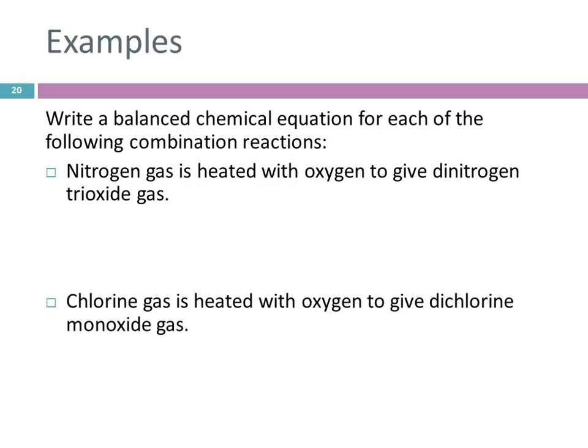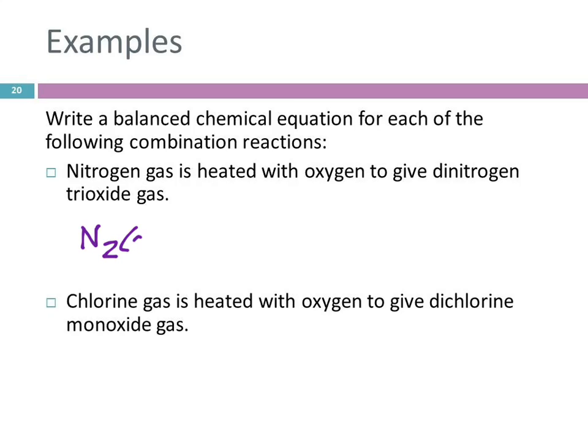Nitrogen, excuse me, I must have swallowed a frog. Nitrogen gas. Well, we know the symbol for nitrogen is N. Anytime you have an element, you need to ask yourself, is that one of the 7 diatomic elements? Yeah, it is. And so the formula for nitrogen is N2.